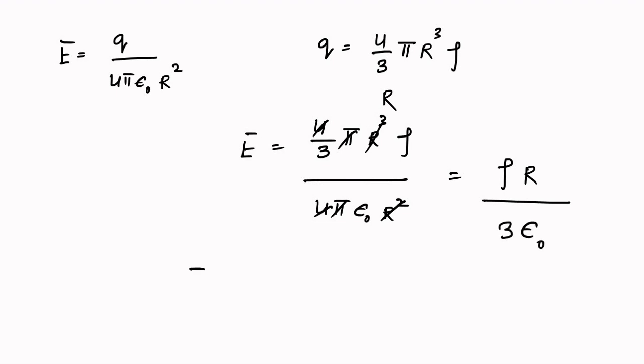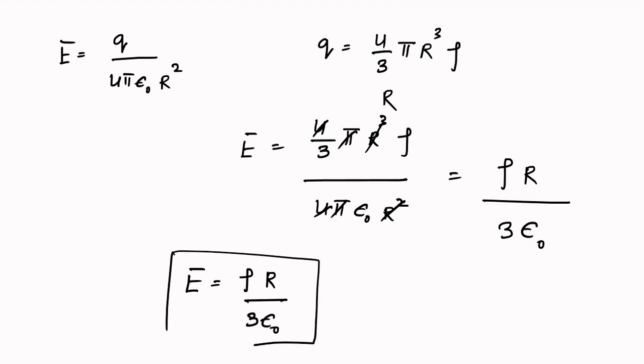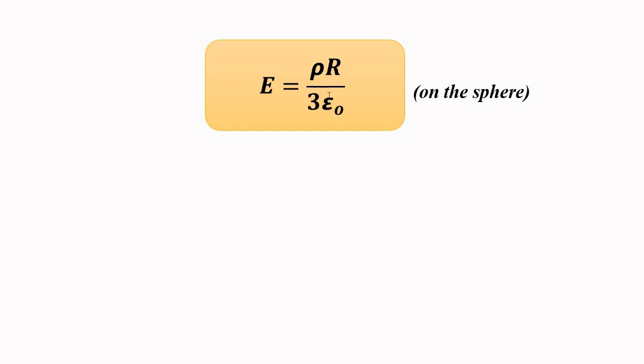This is the electric field on the surface of the sphere: rho R by 3 epsilon 0.